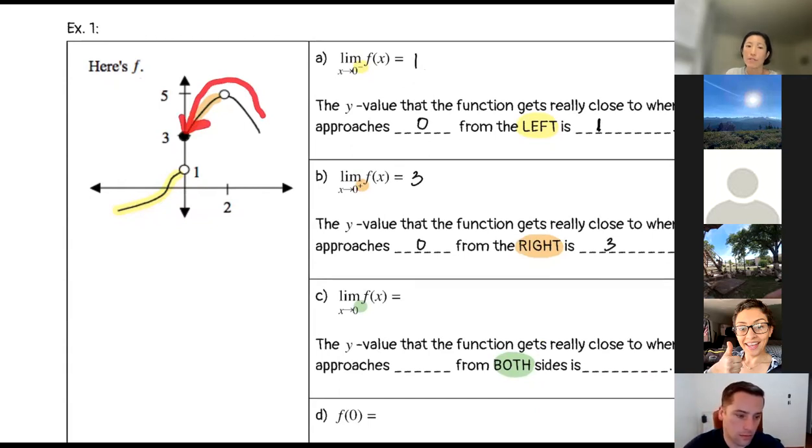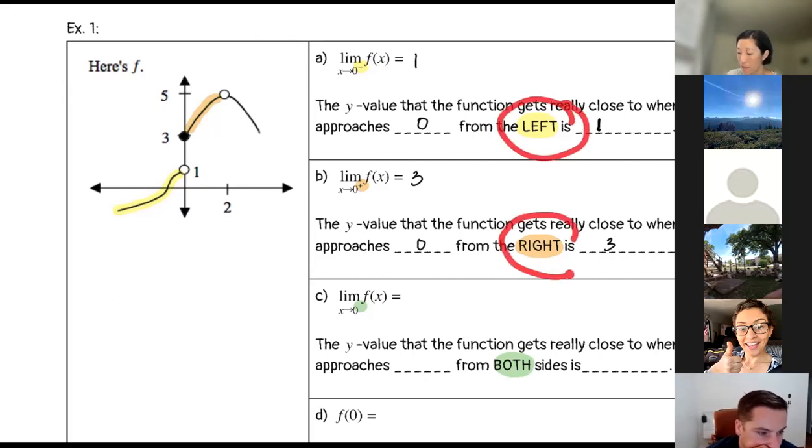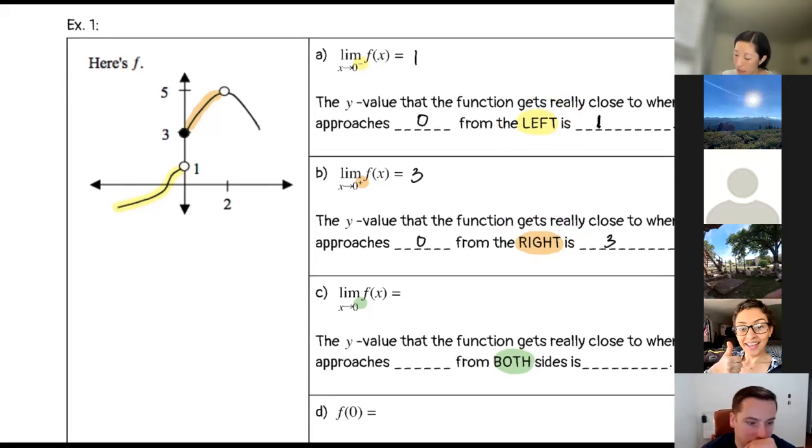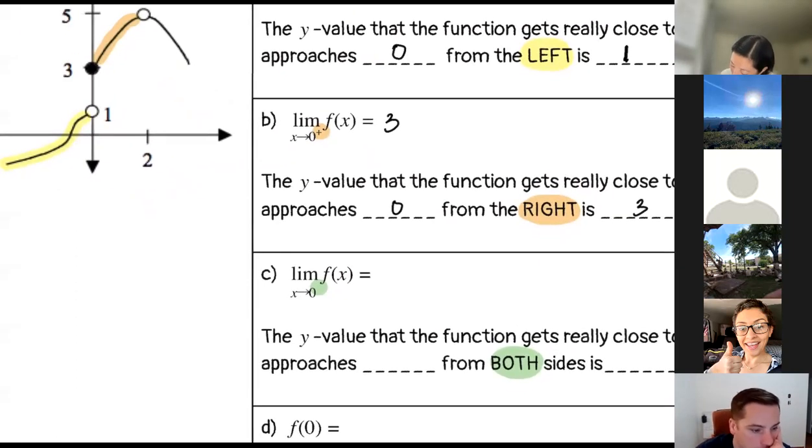Do you actually meet? Like, are you in the same place? Nope. You were not in the same place, okay? And so when we're looking for a limit and there's no plus and minus, and what we get from the left is different from what we get from the right, that means that the limit does not exist, okay?